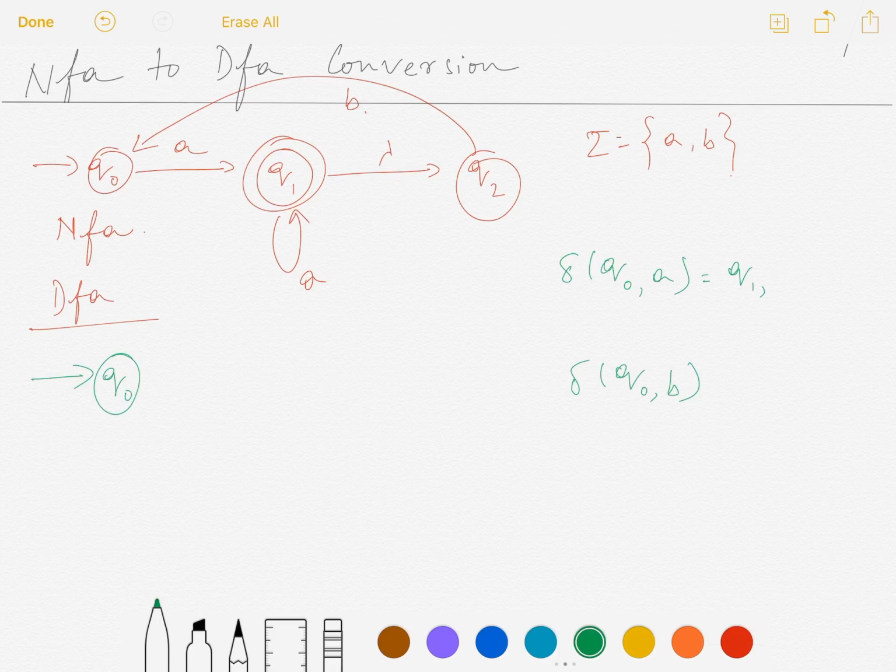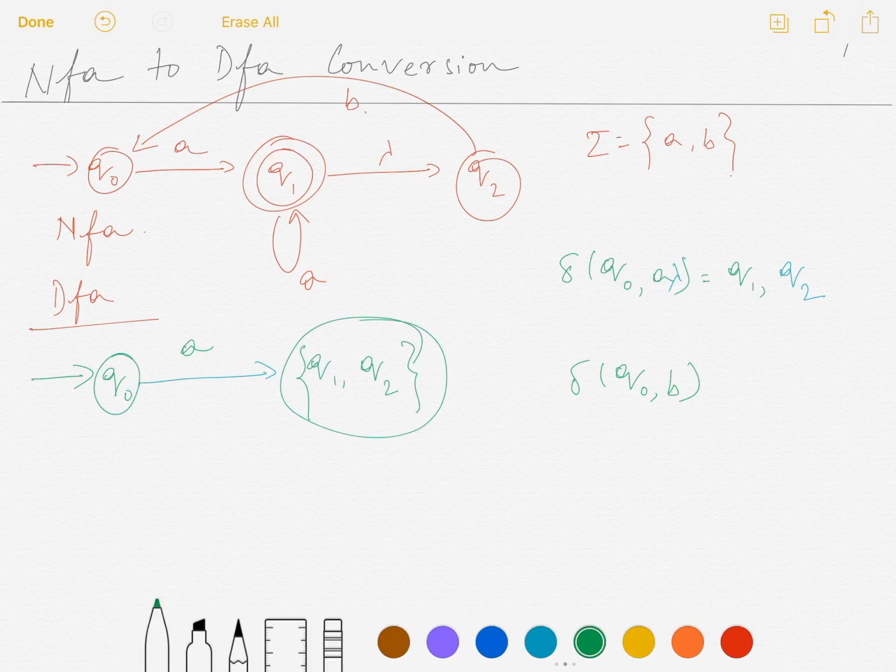As well, if I give A lambda instead of A only, it is going to Q2, and we know that A lambda and A are the same, because lambda is a null string. So if I give A to Q0, it is going to an equivalent state of Q1 and Q2.